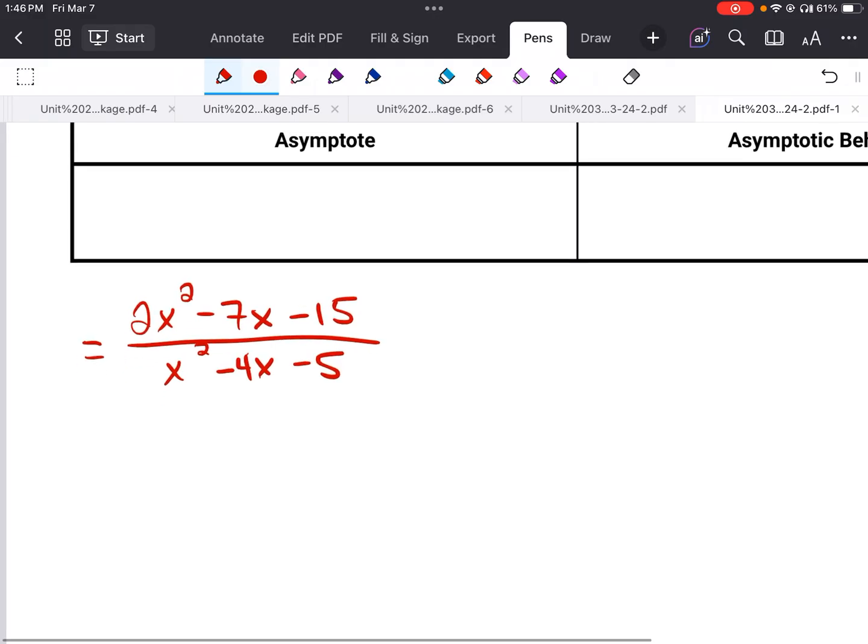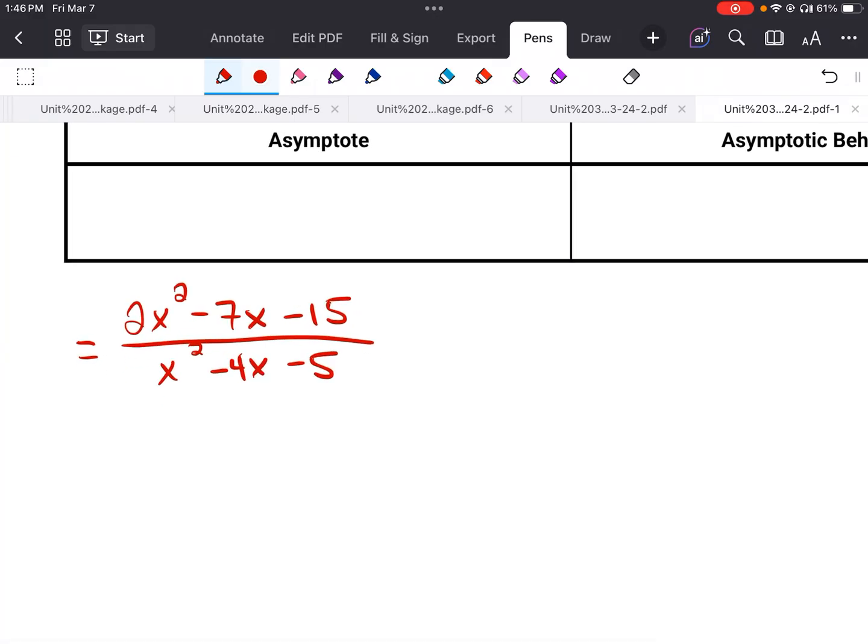Okay, in the numerator, we have a complex factoring quadratic equation, and I don't need to go through all the steps, but when we factor the numerator, we will get 2x plus 3 and x minus 5.